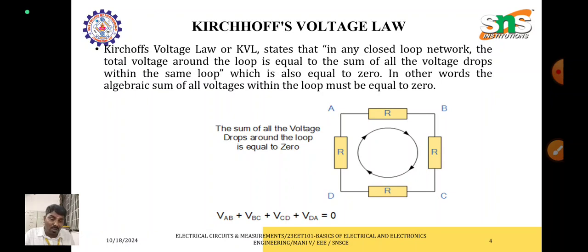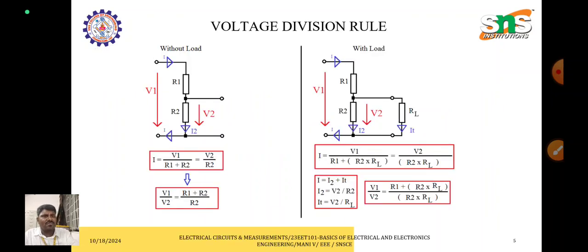Or it may be called the algebraic sum of voltages in a closed circuit is zero. The algebraic sum of all voltages in a closed circuit within a loop must be equal to zero. Okay, so these are the two laws: Kirchhoff's voltage law as well as Kirchhoff's current law.